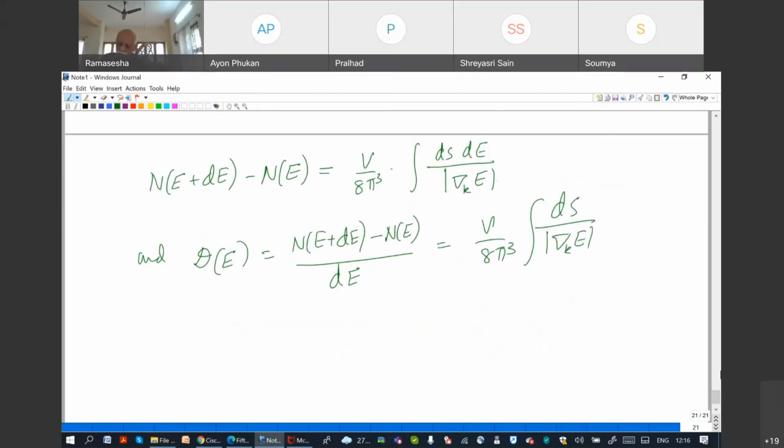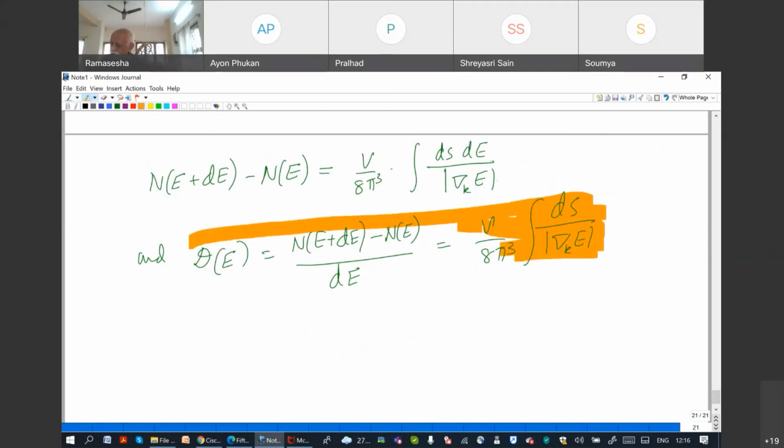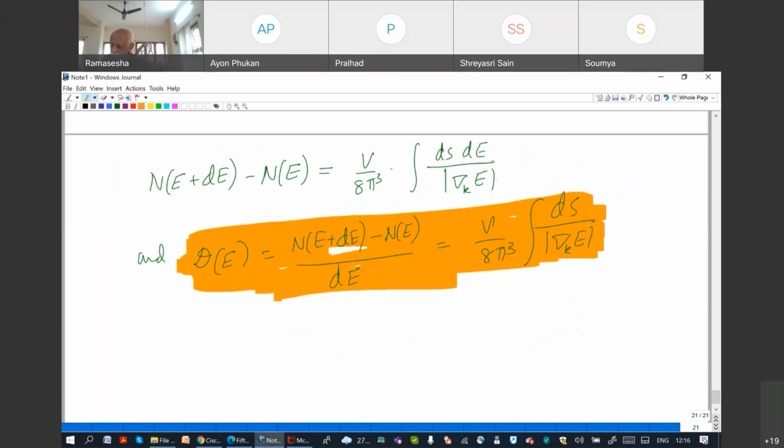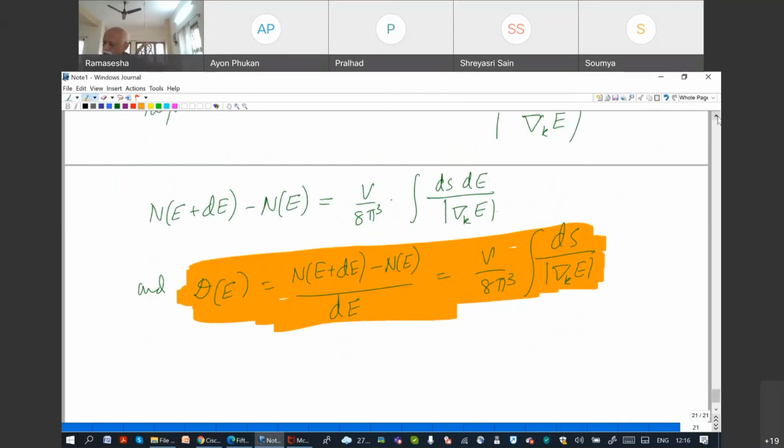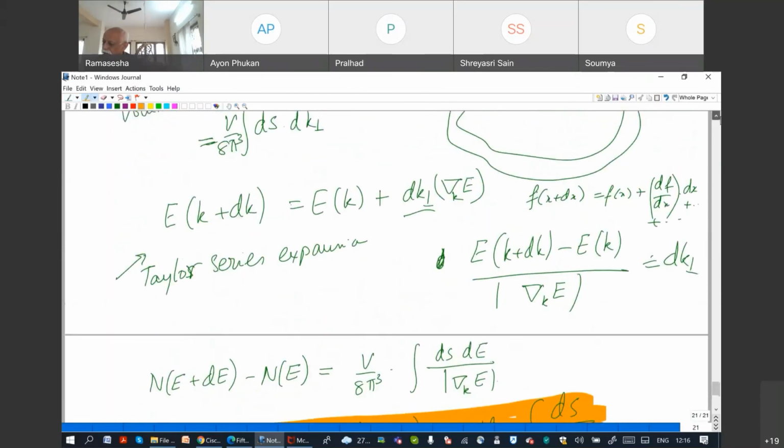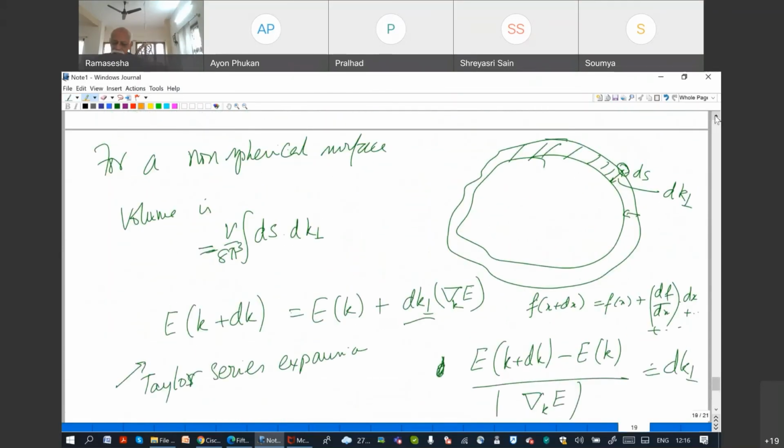Here you see that you have to use a gradient, and the property that the gradient is perpendicular to the level surface, because in order to get the volume, I have to take the area of the surface multiplied by dk perpendicular, and dk perpendicular I can get from the gradient.